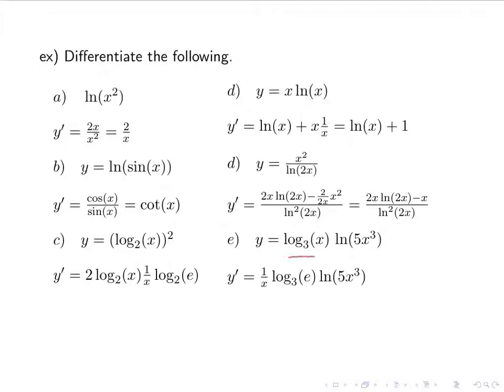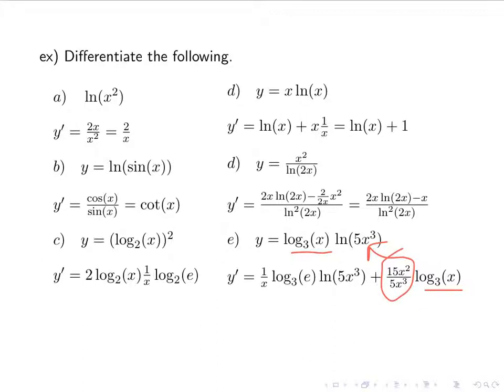I have the derivative of log base 3 of x right here. 1 over x times log base 3 of e, multiplying it by my second function. Then I add to it the other one. So here is the derivative of ln of 5x cubed. It's the derivative of 5x cubed divided by 5x cubed. So 15x squared is u prime, 5x cubed is u, and then I'm multiplying it by my other function.